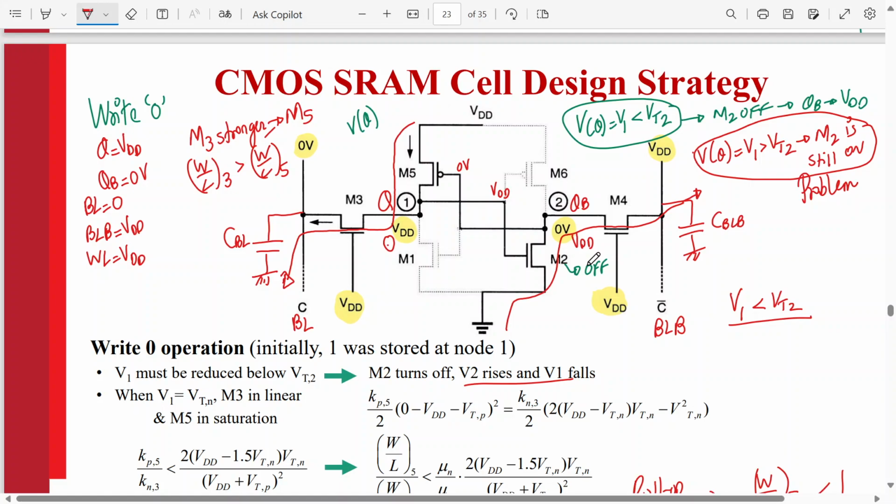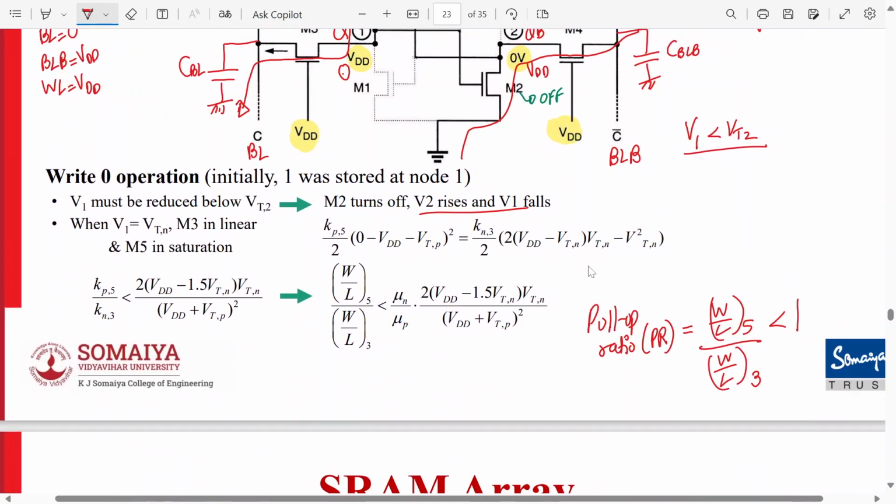Alright. If this condition is satisfied, then again this is like a linear and saturation condition. M3 is in linear and M5 is in saturation. So it is Kp by 2 times (VGS minus VTP) the whole square, and this is in linear.